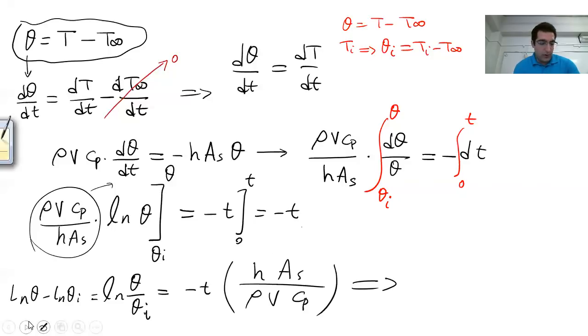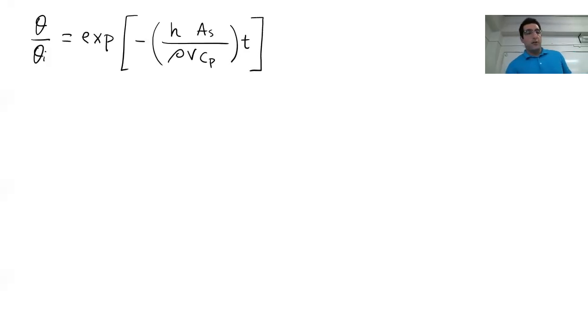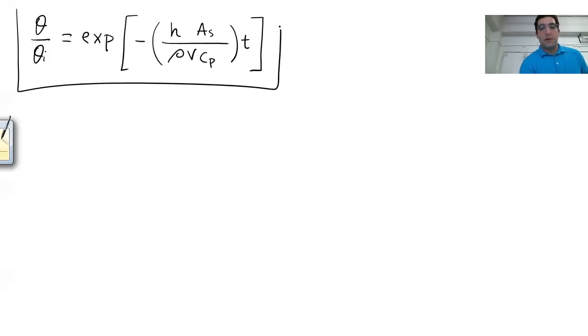You can also show it in this form, that theta over theta I is equal to e to the power of, or exponential function of, minus hAs over rho Vc Cp times t. That's the very final form we're going to use in this chapter.